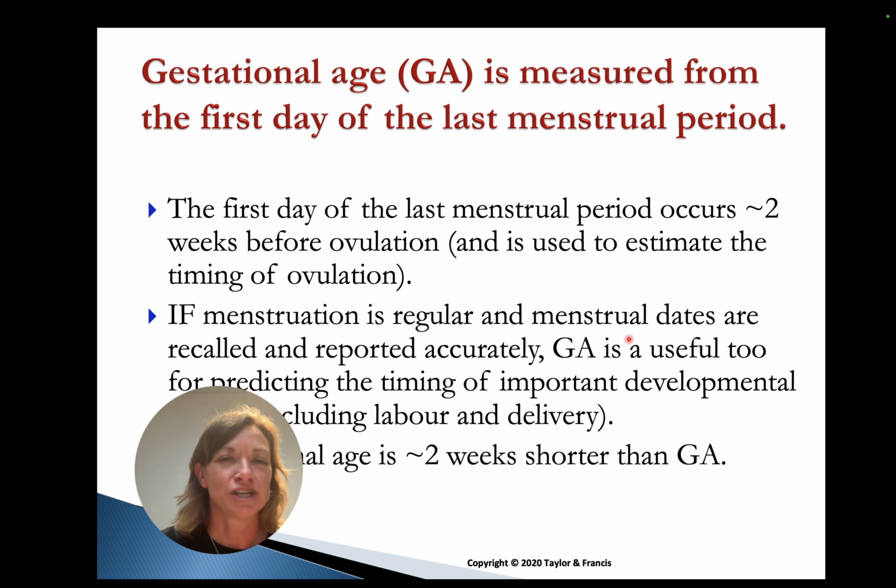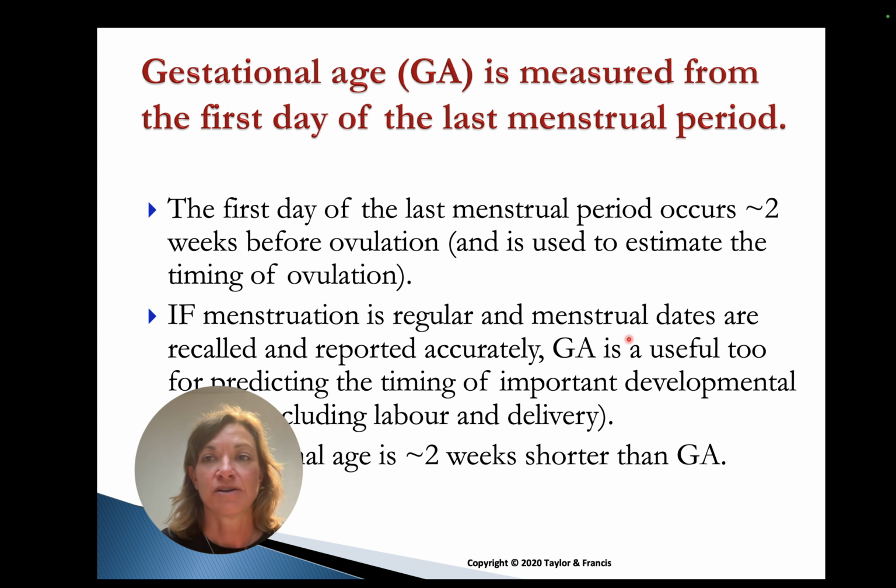Nonetheless, we use gestational age in most pregnancies to predict things like, when are you going to go into labor and when are you going to have your baby? And so that's why when we say baby comes early or baby's arriving late, it's probably not early or late at all. It's just a metric of the inherent variability and error in gestational age. So gestational age is what we mostly use clinically.